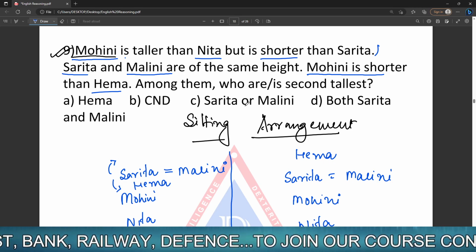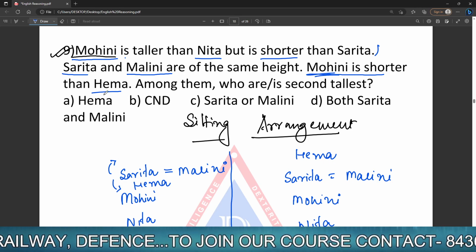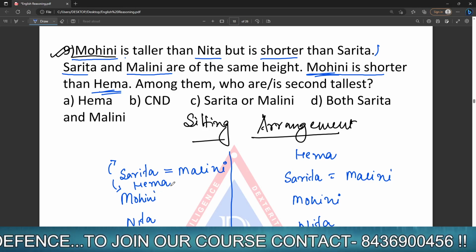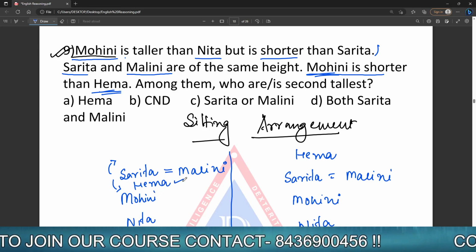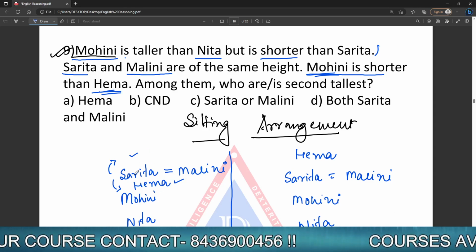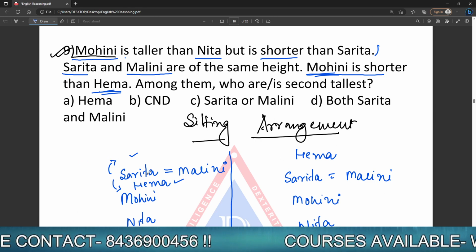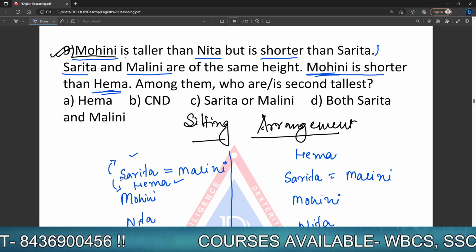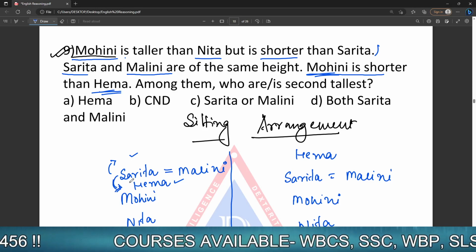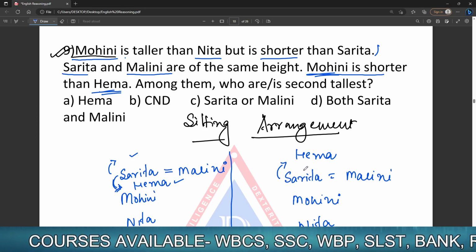We only know the statement said Mohini is shorter than Hema. So there are two possibilities: either Hema is below Sarita or Hema is above Sarita.